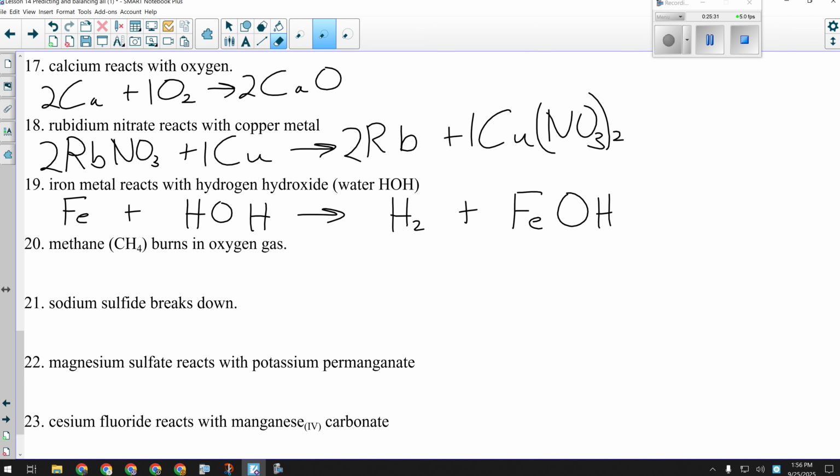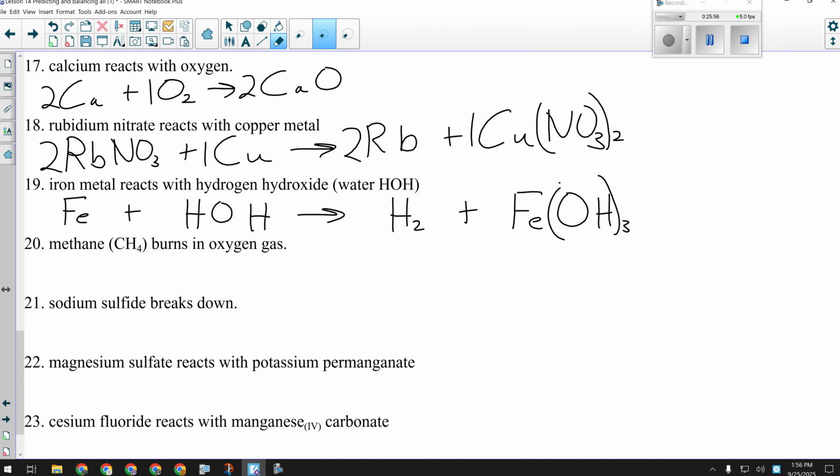Is this the same idea as the last question? They didn't tell me which iron this was, so I have to go with iron's most common charge, which is 3. Yeah. Okay, so when I drop and swap this one, I will have Fe(OH)3. So iron 3 hydroxide, and now I can balance the reaction.